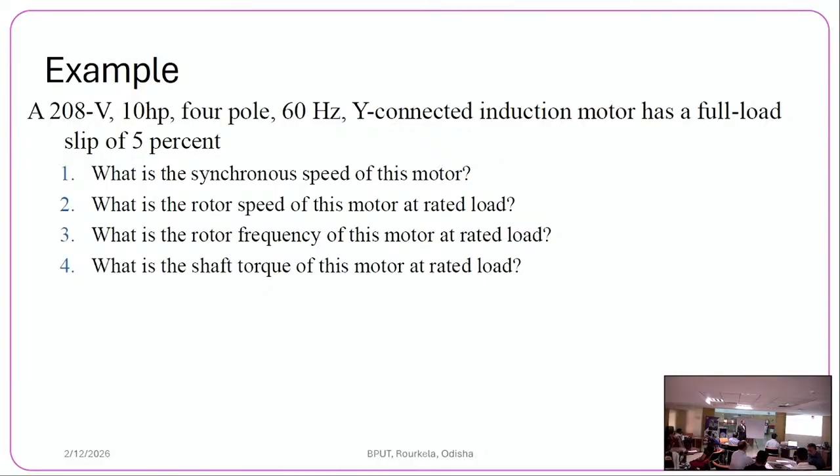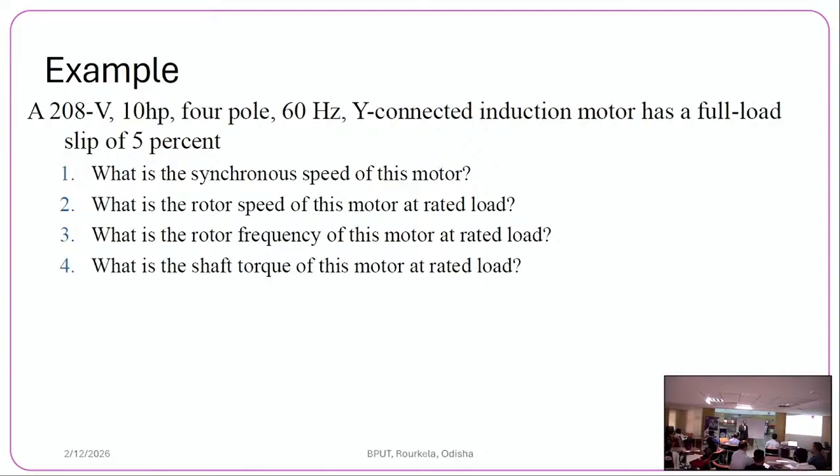In a single expression, it is Ns into 1 minus s. Ns minus s Ns, taking Ns common, gives 1 minus s.